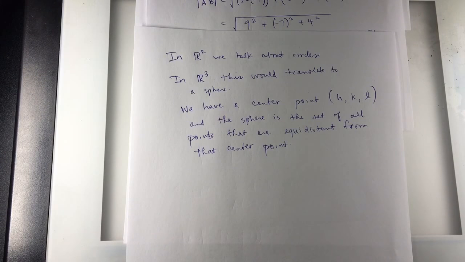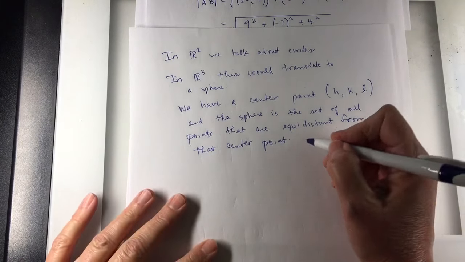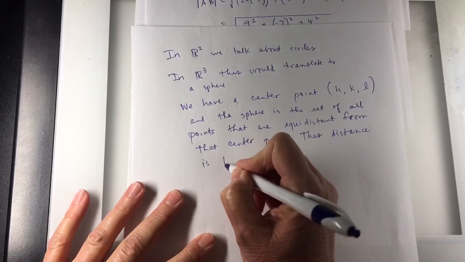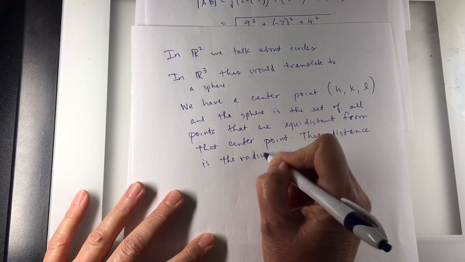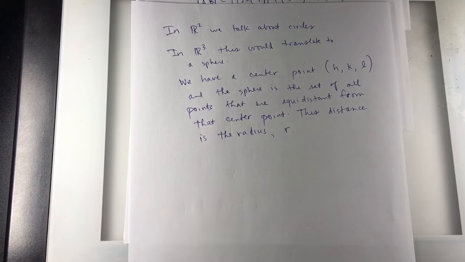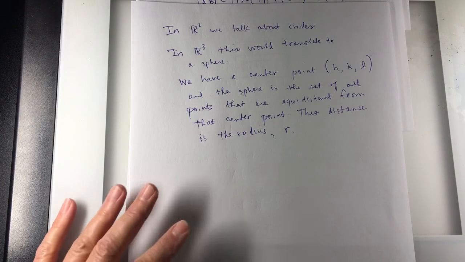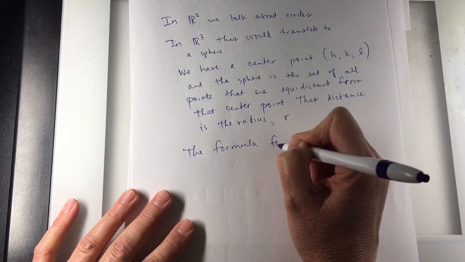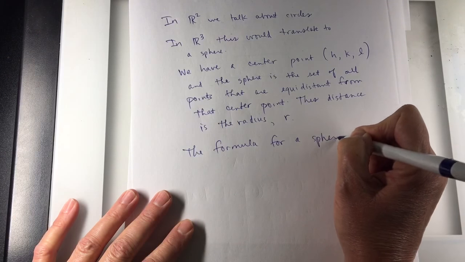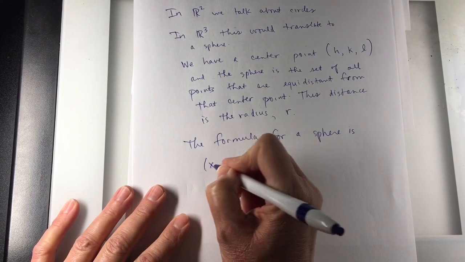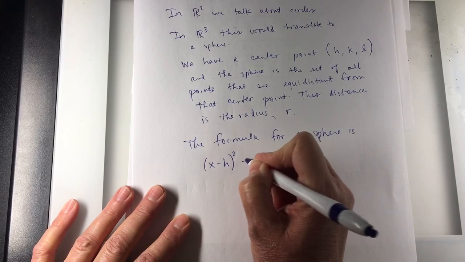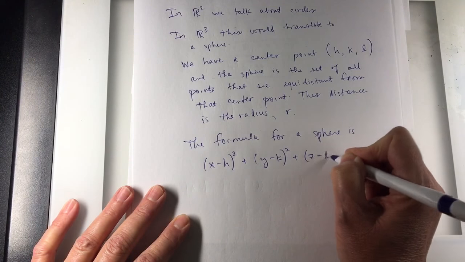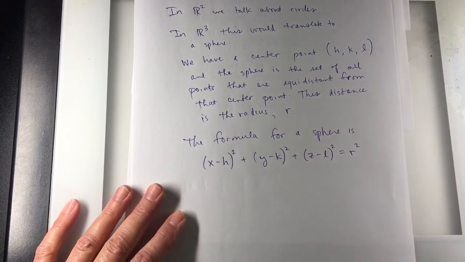Okay, so what's that distance called, by the way? The radius. Okay, this distance is the radius, which we'll use R. So the formula for a sphere is x minus h, that quantity squared, plus y minus k, that quantity squared, plus z minus l, that quantity squared, is r squared.